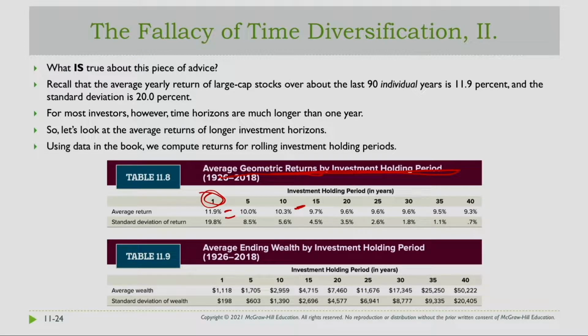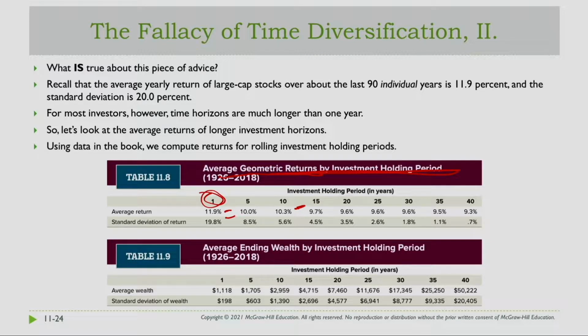And mind you, this is on an annual basis. So we're just having a holding period of 10 years, but our numbers are still on an annual basis. So the return drops from almost 12% down to 10.3%, 10 and a quarter. So it drops by 1 3/4%.